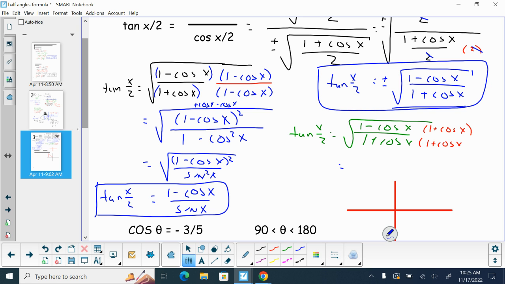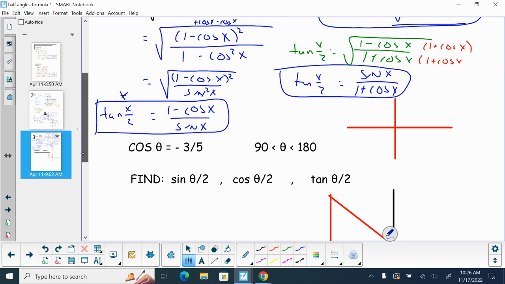What this will turn into is sine of x over 1 plus cosine of x. So like I said, if I have a radical that appears in my problem and I have to multiply by a conjugate, that's lucky. Here, if I have a radical on the bottom, I can just multiply top and bottom by that square root. Makes it a little bit easier. Once again, this is my suggested one to do.